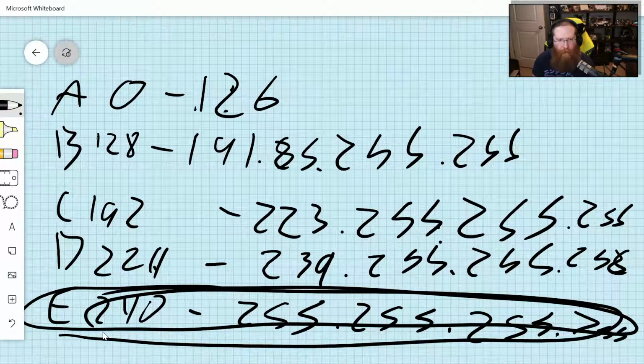Then you have the next one, Class D, multicast addresses. You should not be seeing multicast addresses delving too much into public and private addressing, and I'll talk about those in a second.